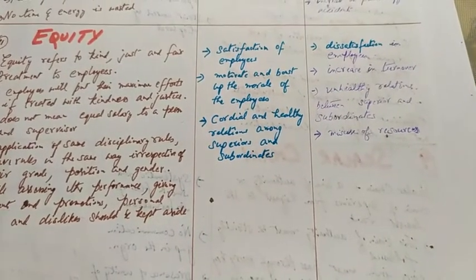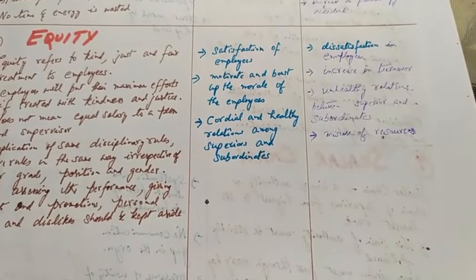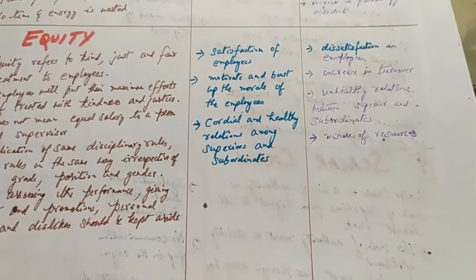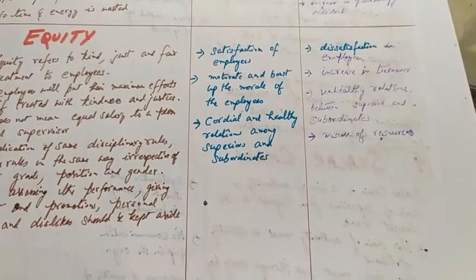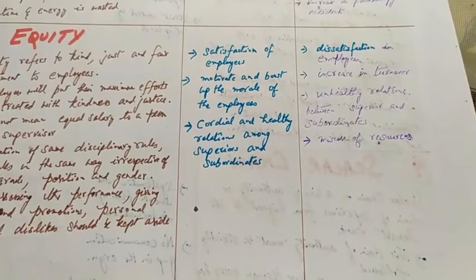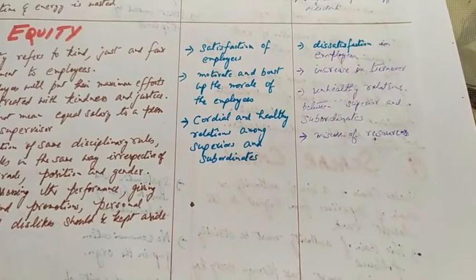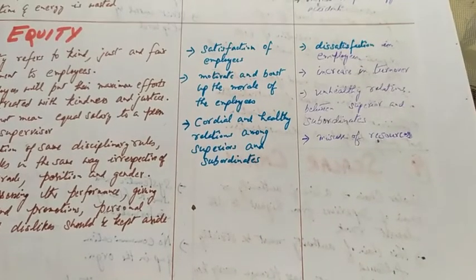So equity here does not mean that you can pay equal salary to a peon and to a clerk. That's not equity. But equity will be applicable in the manner the rules of the organization are being applied, be it disciplinary rules or leave rules.